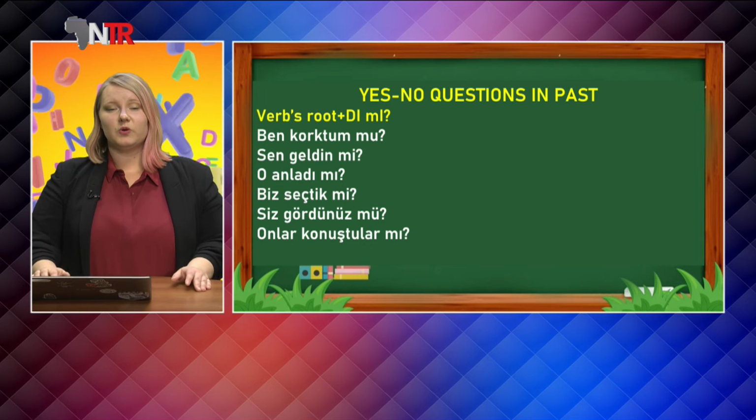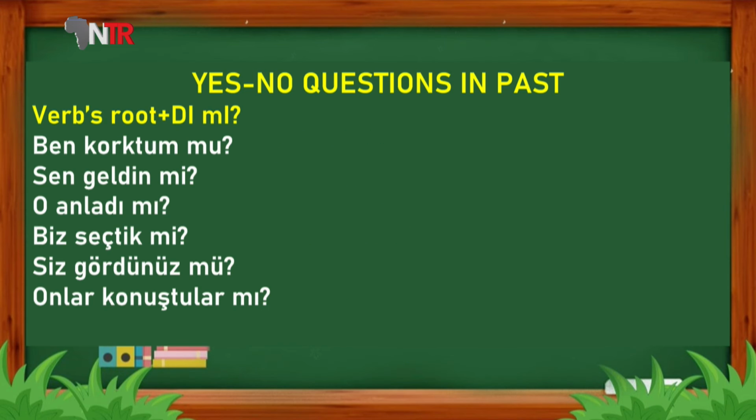Ben korktum mu? Did I scare? Sen geldin mi? Did you come? O anladı mı? Did he understand? Biz seçtik mi?